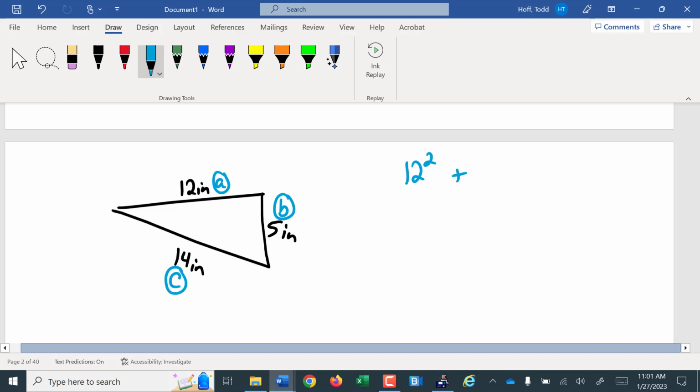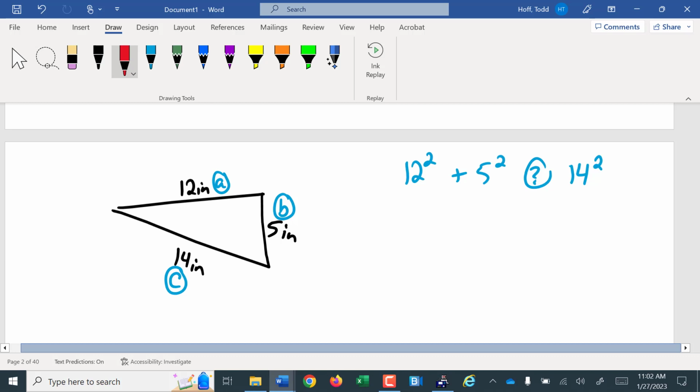It is not. Good. So 14 is the longest side. If this were a right triangle, that would have to be the hypotenuse. So we label that as side C. Again, we're not sure, so I'm going to put a question mark there.